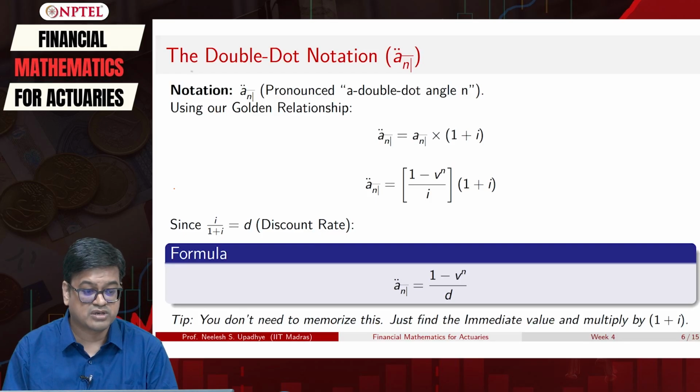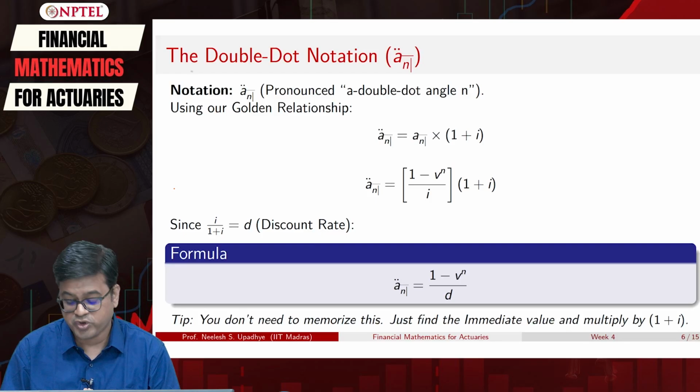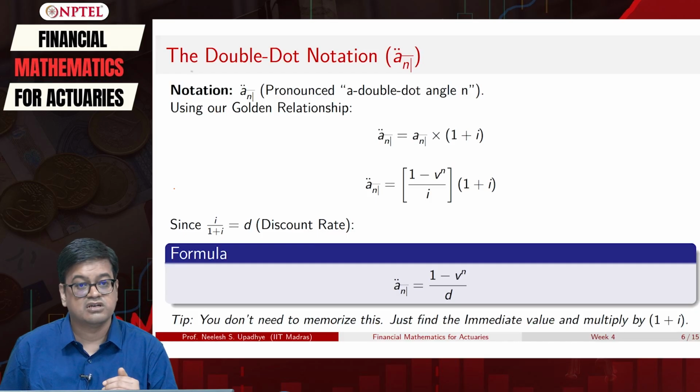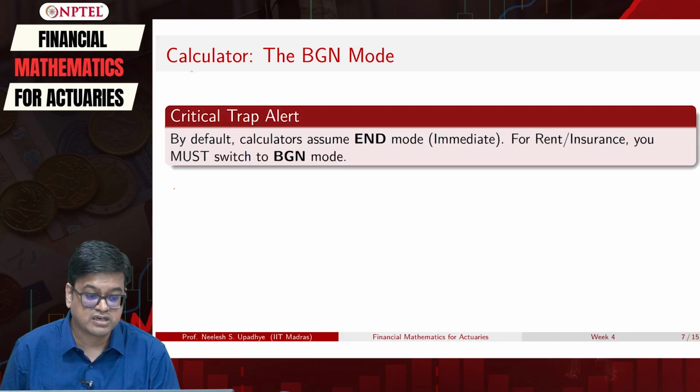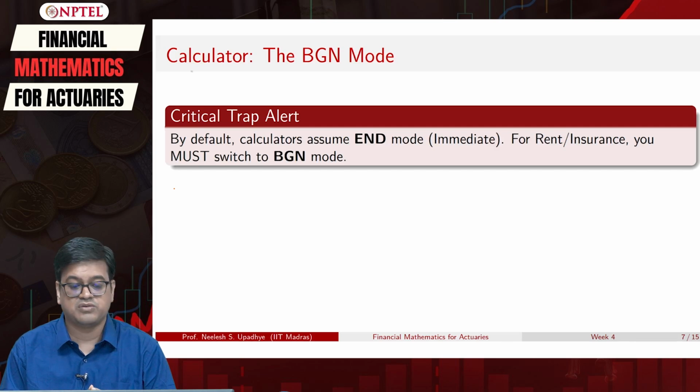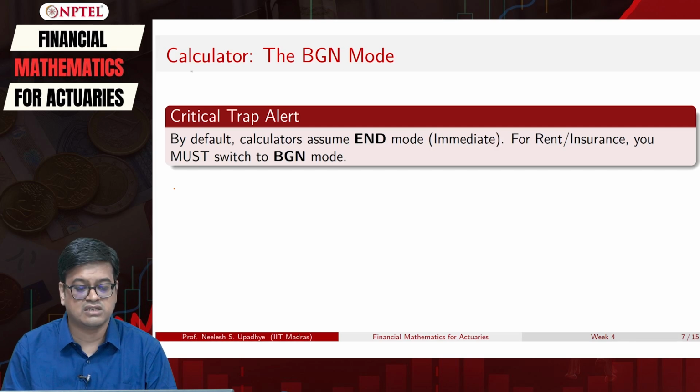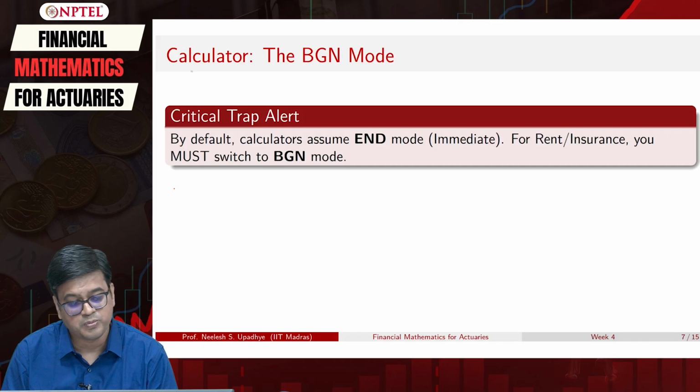Okay. Now comes your important slide, which is how to use your calculator. I have already shown in the last class that this calculator is very efficient at doing all these calculations with cash flows and annuity calculations for present value.